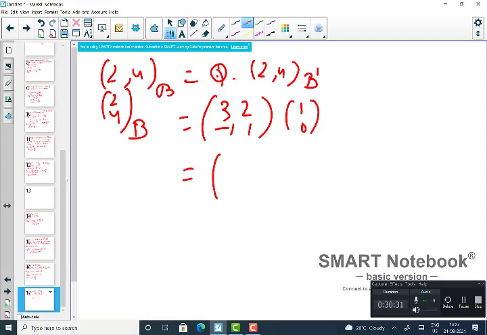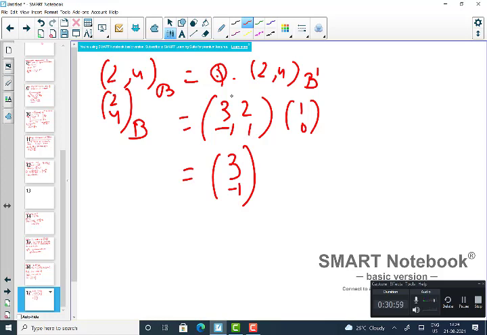So this is 3 into 1, which is 3, and then minus 1 into 1, so minus 1. So (2,4) with respect to B dash coordinates was (1,0), but with respect to B coordinates it becomes (3,-1).